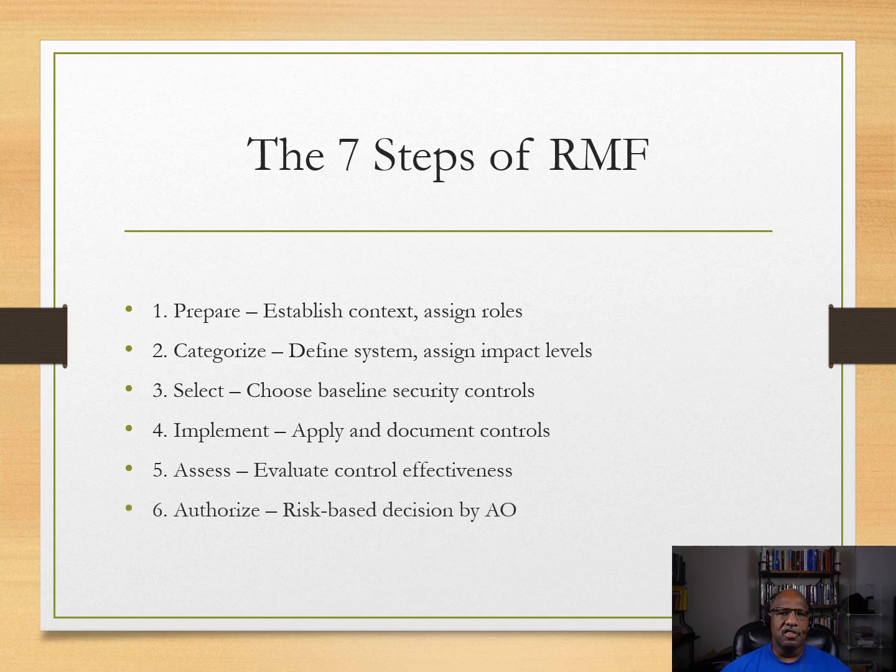Step 6 is that once you do an assessment, you do a review of the artifacts that's associated with that assessment package, and then the authorizing official makes a risk-based decision off of the information that's contained in the assessment package. And then the final step is monitoring.